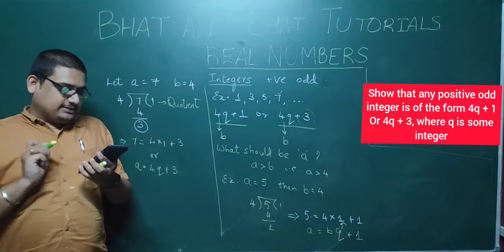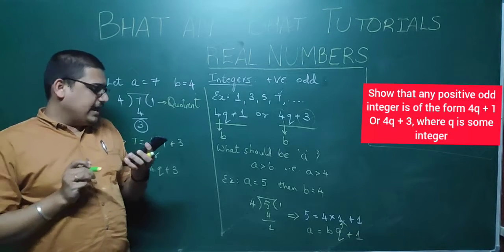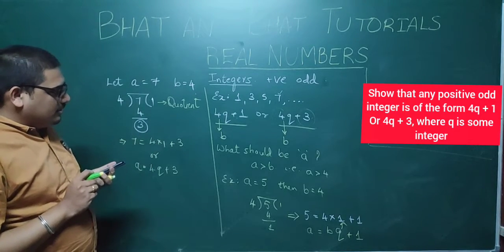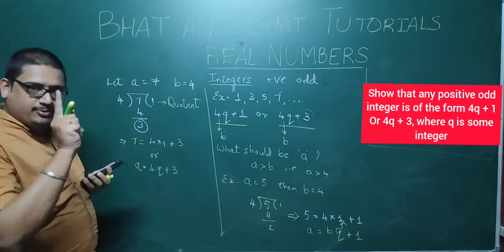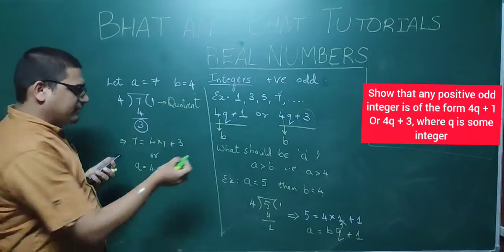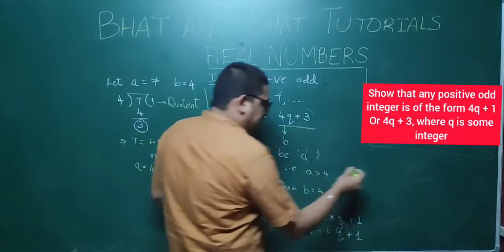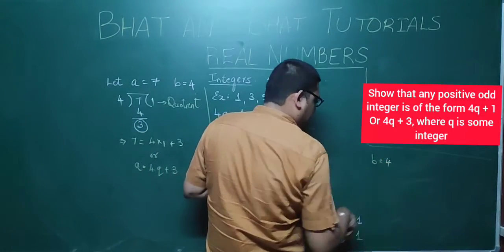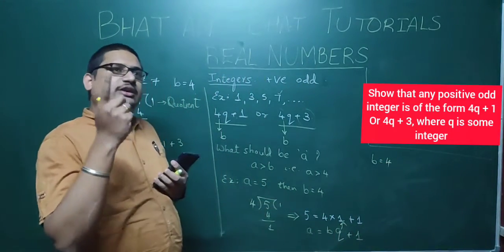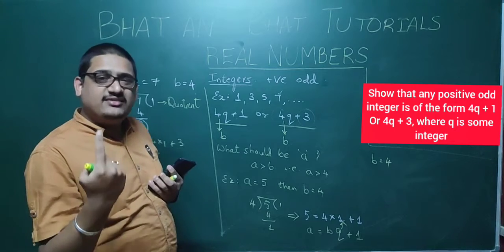Okay, so first what we have to do is say that one given integer for sure is our B. Given that B is 4, recollect Euclid's division lemma, what did it say?